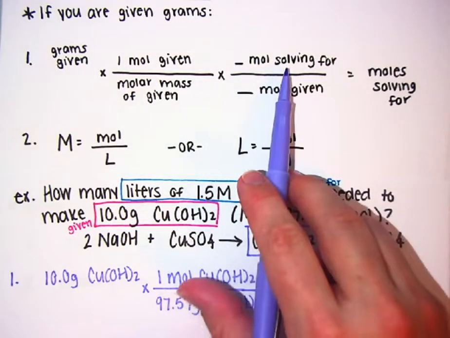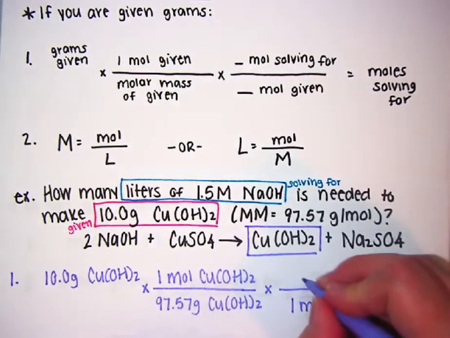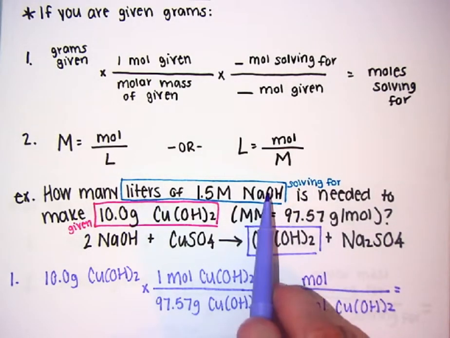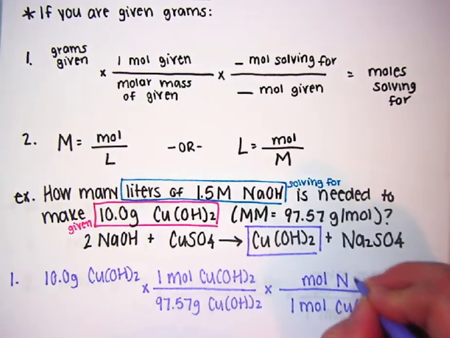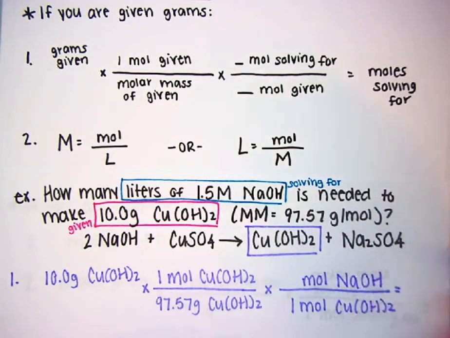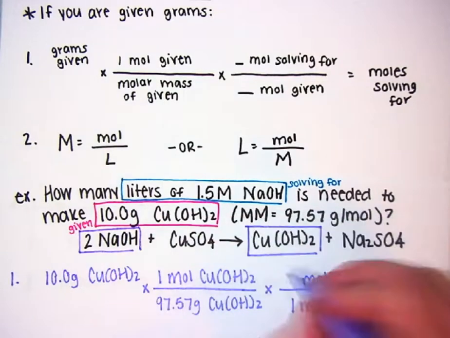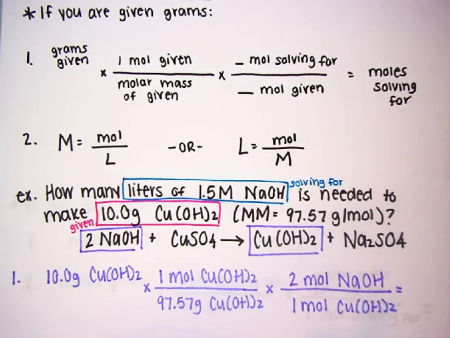Numerator will be moles of what you're solving for. We're solving for sodium hydroxide. So again, I'm going to go to my balanced reaction. Sodium hydroxide has a coefficient of 2.